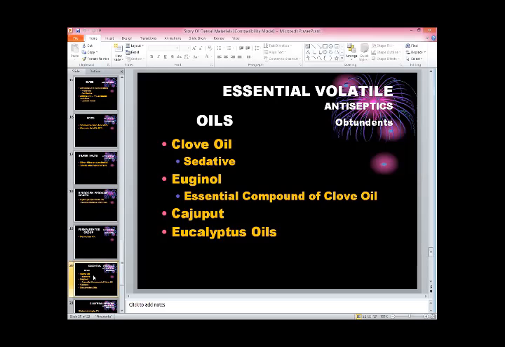Clove oil has a property of sedation. Its compound is called eugenol.